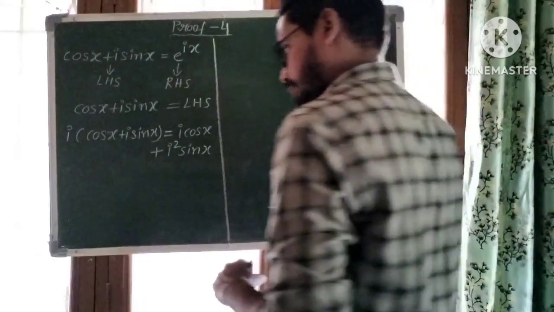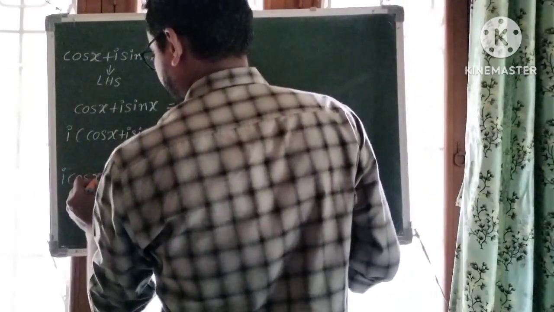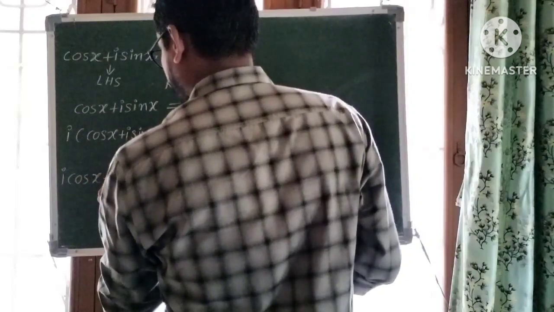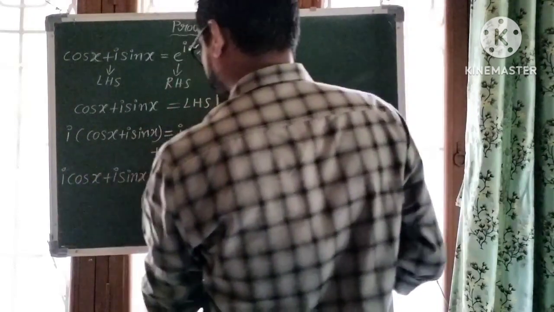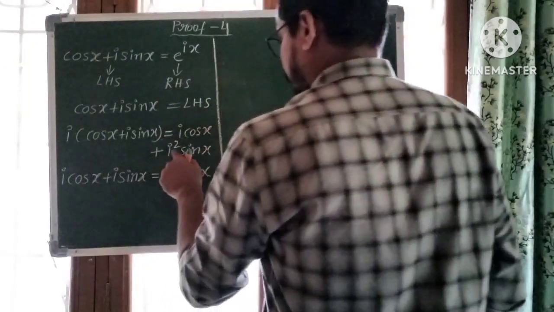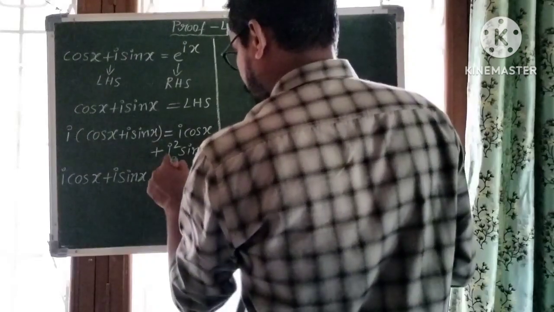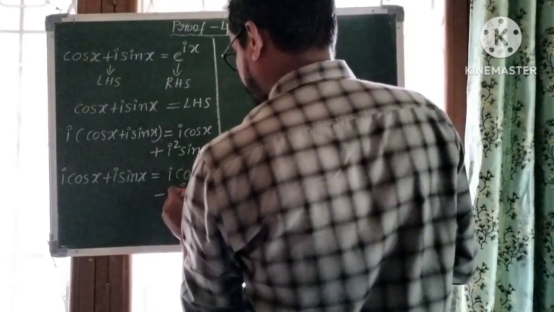Next step. i into cos x plus i sin x is equal to i cos x plus i square sin x. What is the value of i square? i square means minus 1. So minus 1 into sin x, minus sin x.